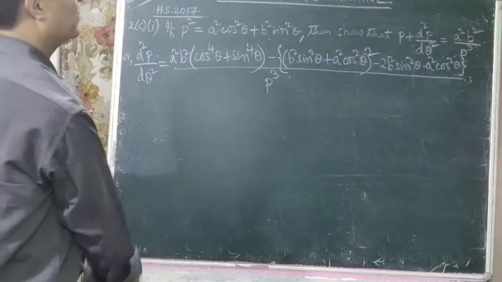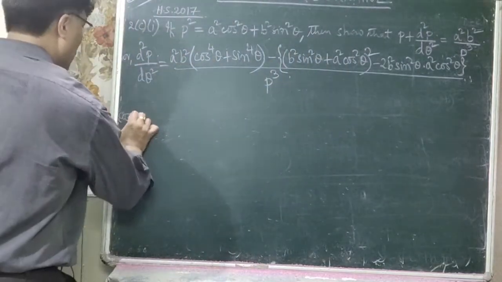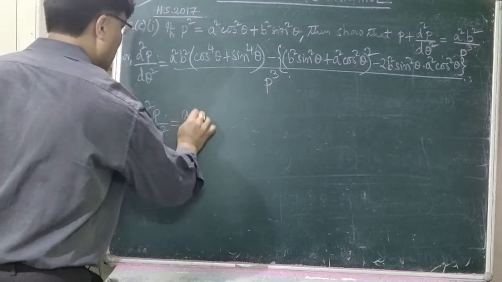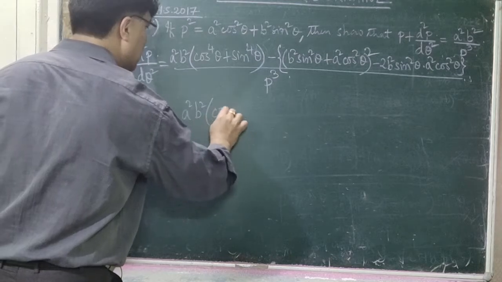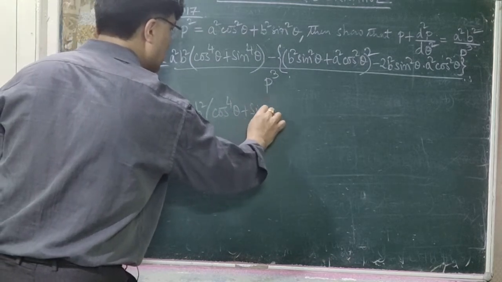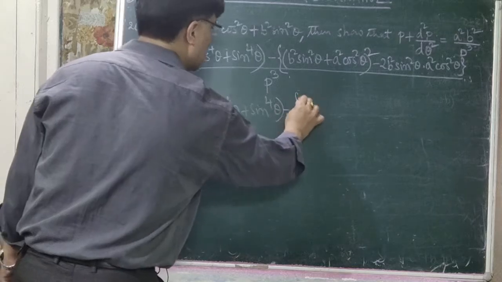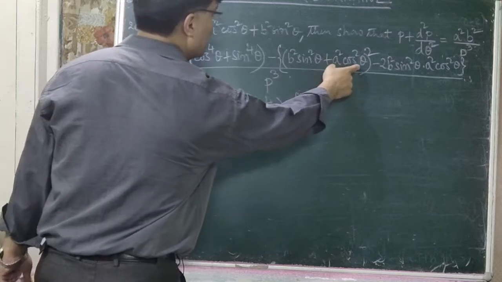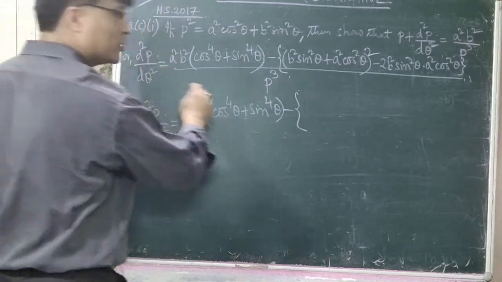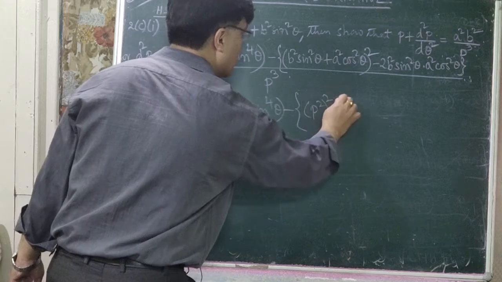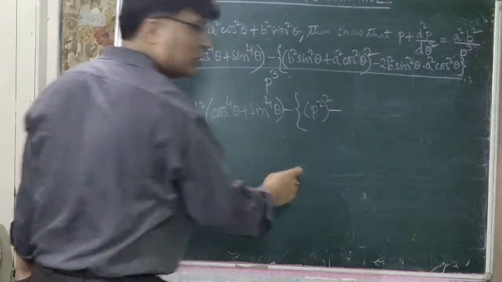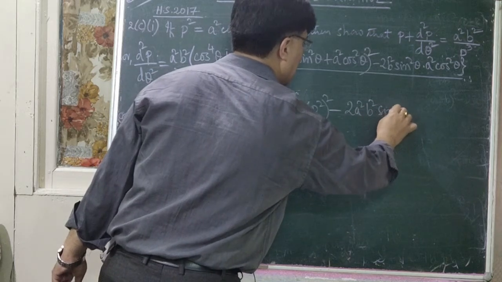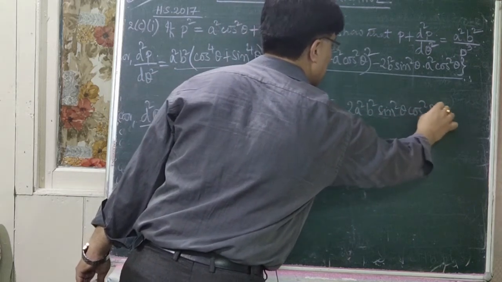So now again you can simplify it further, or this is d²p by dθ² is equal to a²b², let us keep it as it is, cos⁴θ plus sin⁴θ minus, within the second bracket. Now you tell me, what is b² sin²θ plus a² cos²θ from the given? It is p². So we can write here (p²)² minus, so now this will be 2a²b² sin²θ cos²θ.